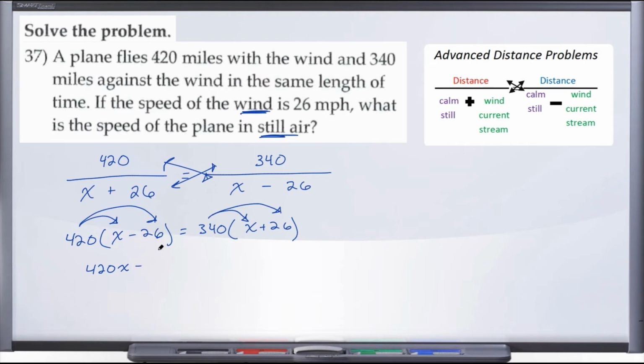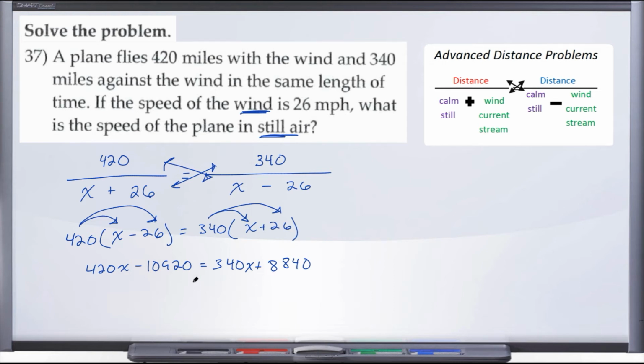Negative, of course, right? Positive times negative. So negative 10,920 equals 340 times x is 340x. And 340 times positive 26 is going to give us plus 8840. Oops, and I forgot our equal sign, or the x, didn't I? All right, plus 8840. All right, that looks better.